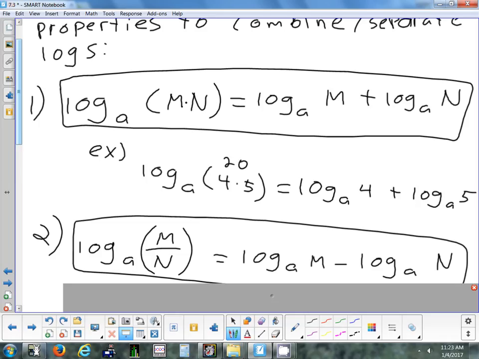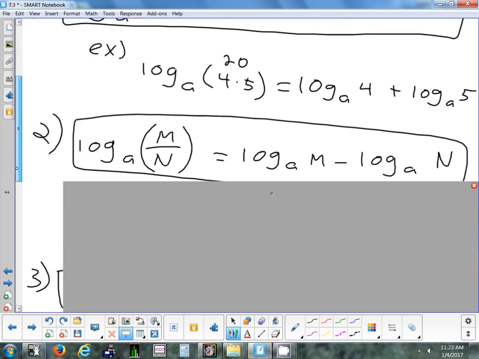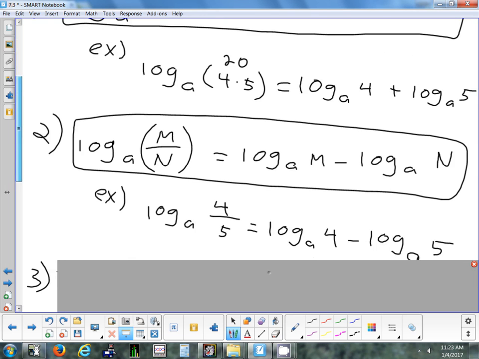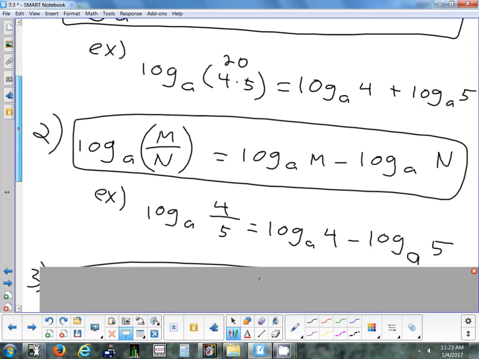With rule 1, it's not as big of a deal because it's addition. You can add any way you want, technically, and get the same thing, but not with subtraction. So it's log of the top minus log of the bottom. You could check that. You could type it in and see that this will work. I'm not going to type this one in.